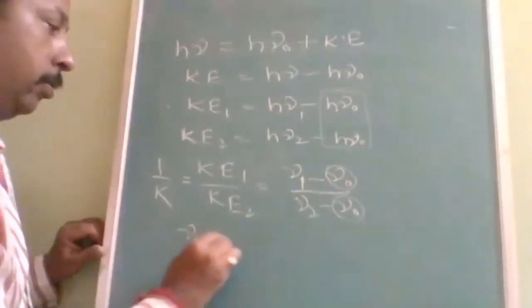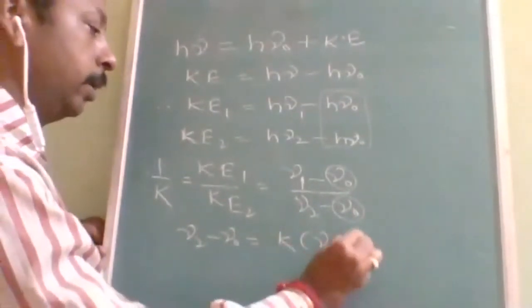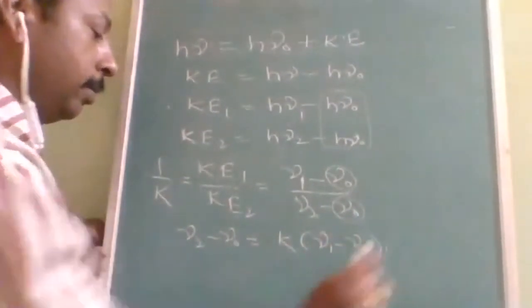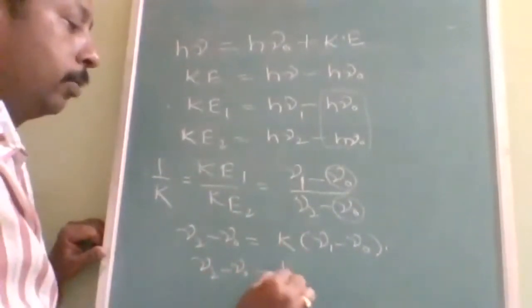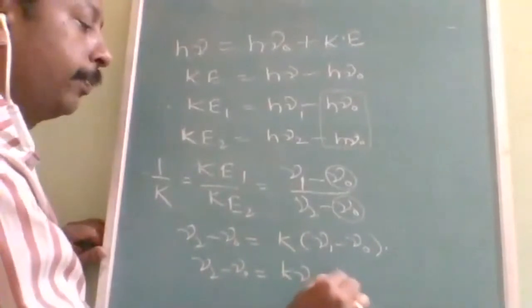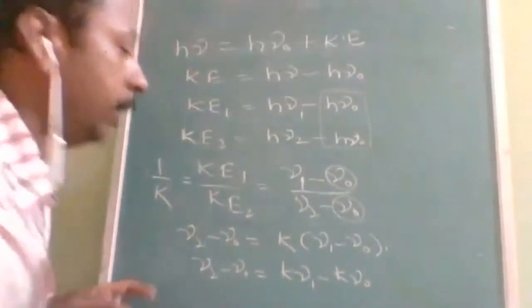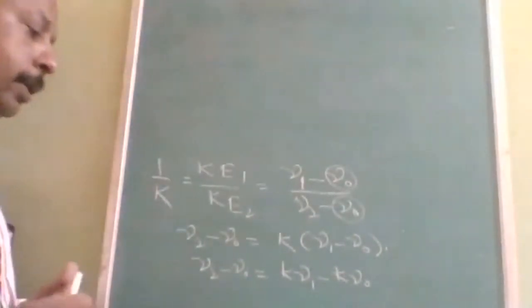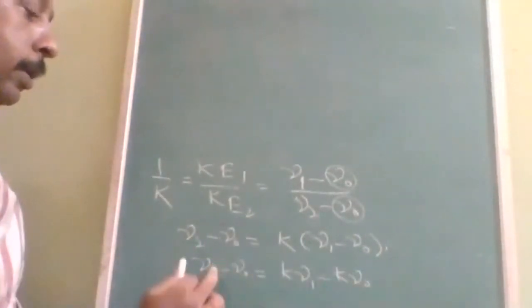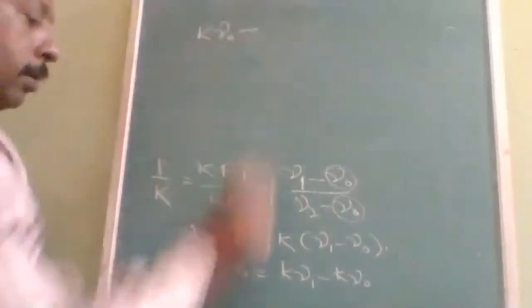Nu2 minus nu naught is equal to k into nu1 minus nu naught, so nu2 minus nu naught is equal to k nu1 minus k nu naught. Up to here, is it understood? Very easy question. The main problem is understanding what is given and what he wanted to ask. So if I bring this side, k nu naught.